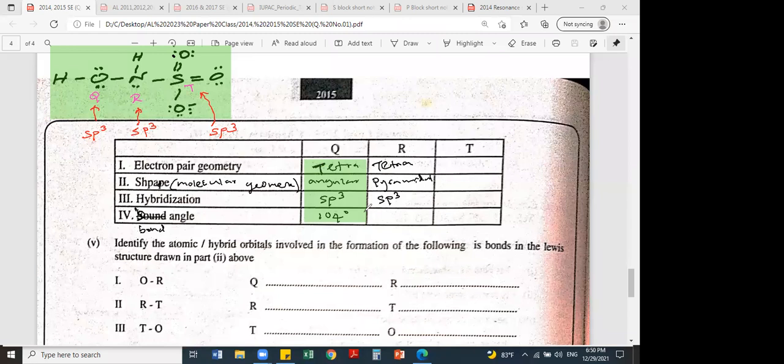What is the bond angle around R? With a lone pair, what happened? It's like ammonia. If you write 107, perfectly okay. Between 106 to 108, they have accepted. I'll put here 107 degrees. Highlight this in pink.